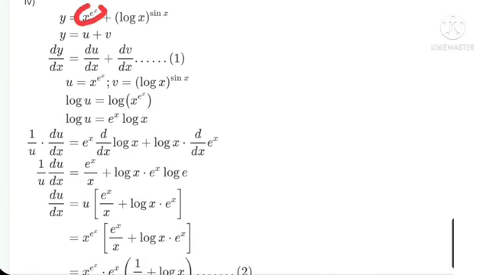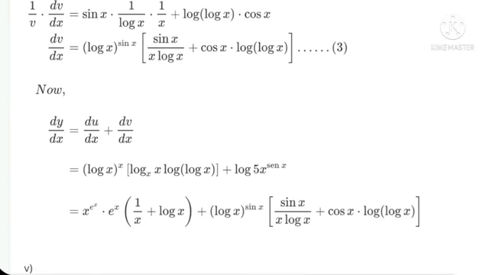Suppose this first is u and this second is v. They differentiate, we get dy by dx is equal to du by dx plus dv by dx. Now take separate u and separate v and differentiate, find du by dx and dv by dx, and put the value. You get the final answer.